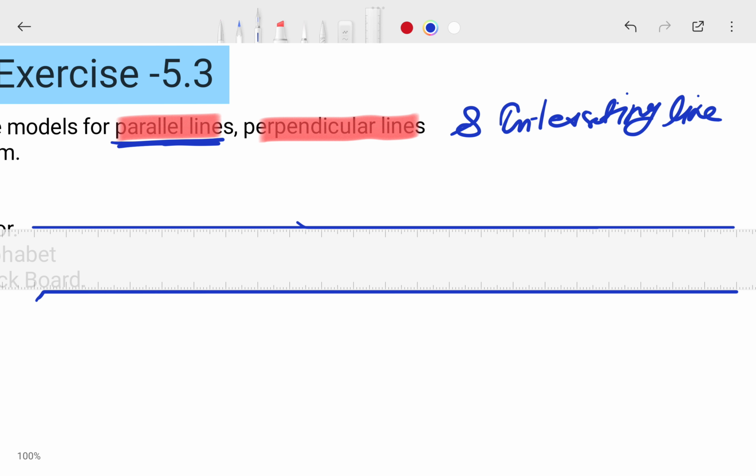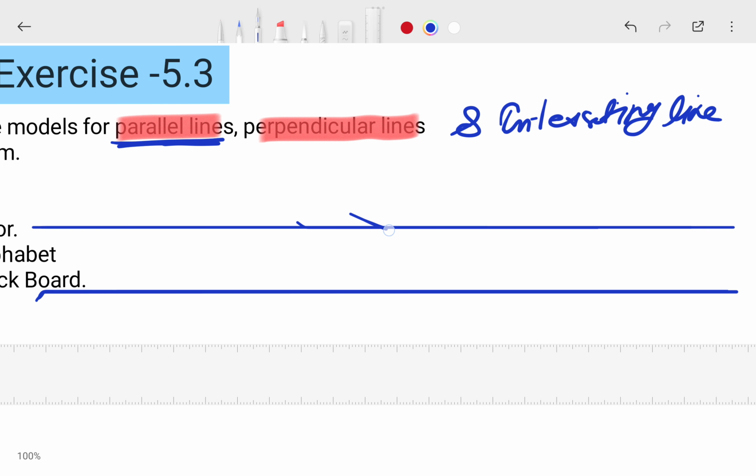Will this upper line and this lower line meet at any point? No, they cannot meet at any point. Parallel lines means the lines which do not meet.